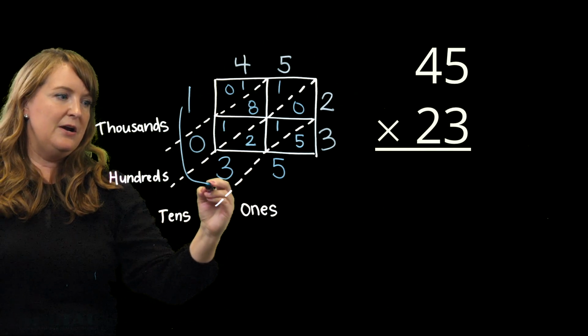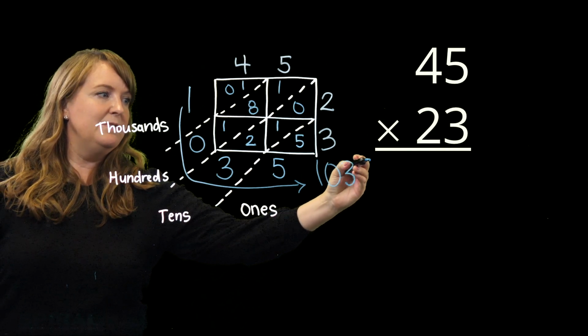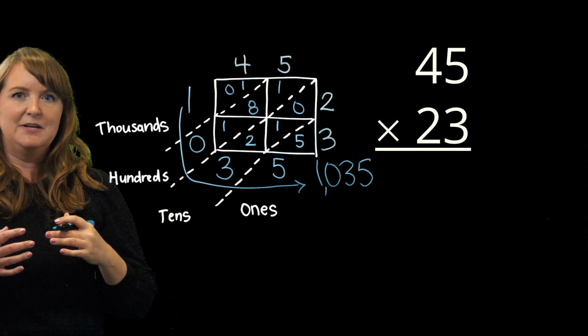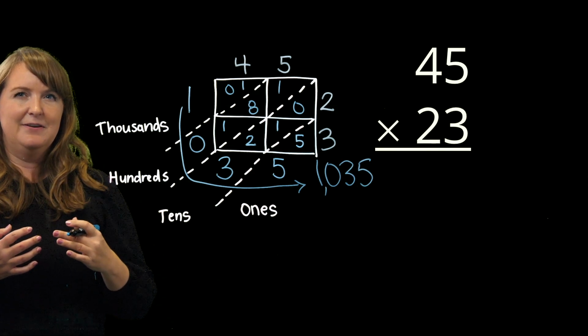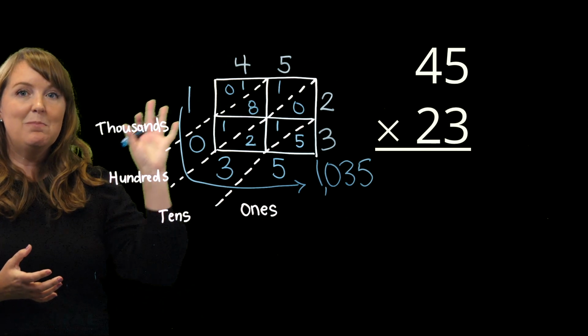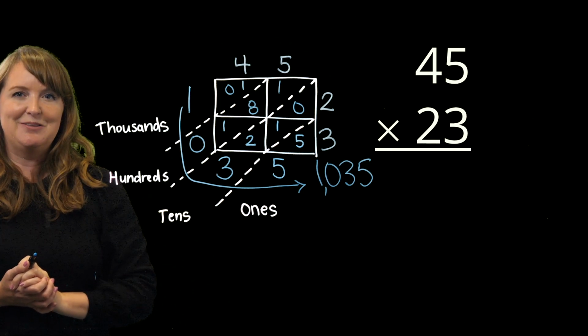So starting here and moving all the way over to the side, if I put all of those numbers together, my final product is 1,035. That is how you can use the lattice method to multiply numbers such as 45 times 23.